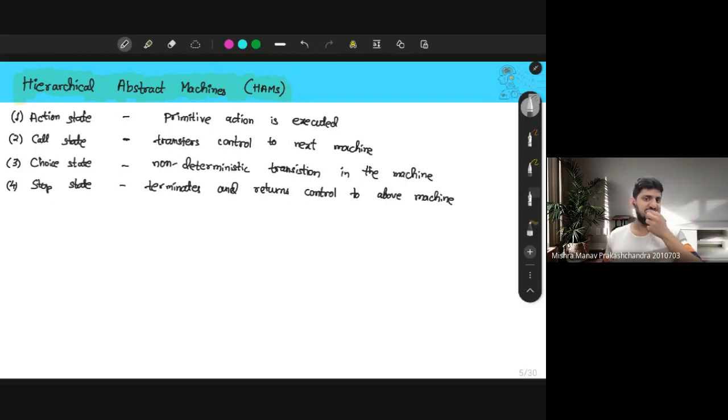Okay, so that's how the hierarchy structure is built. What happens in a choice state is this typically a non-deterministic transition in the machine. So whenever we are encountering any sort of step wherein the next action is not obvious, the agent needs to make some sort of a choice. Okay, so the choice could be a non-deterministic transition in the same machine itself, and stop state is that we stop and return control to the above machine.